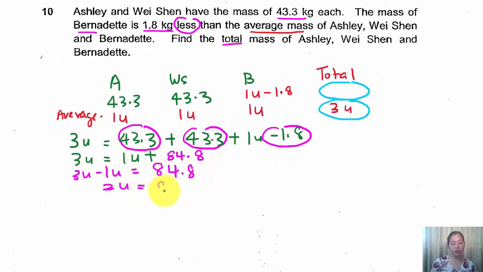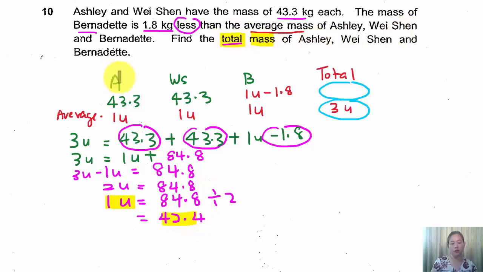2 units is 84.8 kg, and therefore 1 unit is 84.8 divided by 2, and we will get 42.4. So now we have found our most important information, the 1 unit, right? So what is the total mass of these three persons?